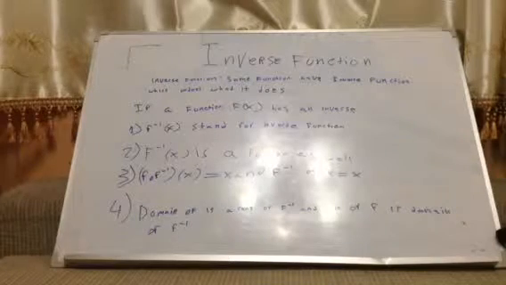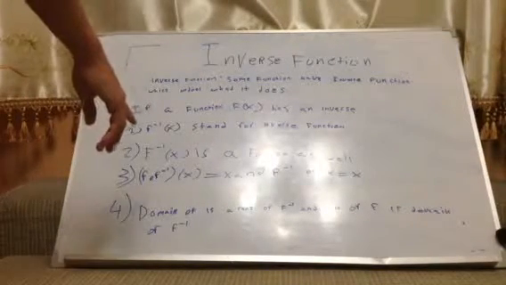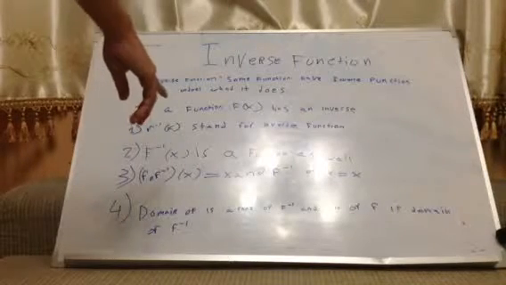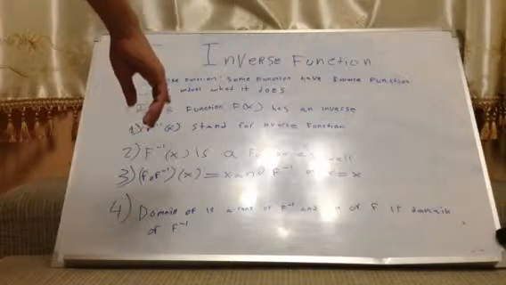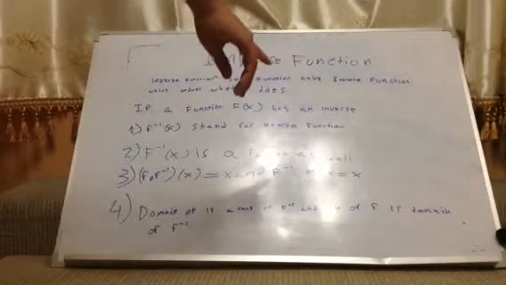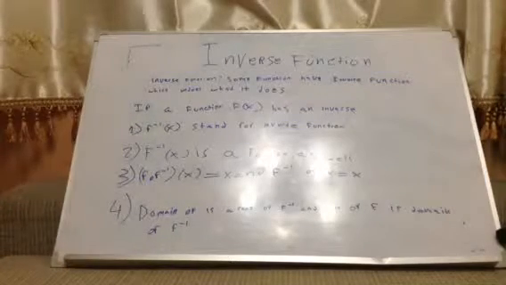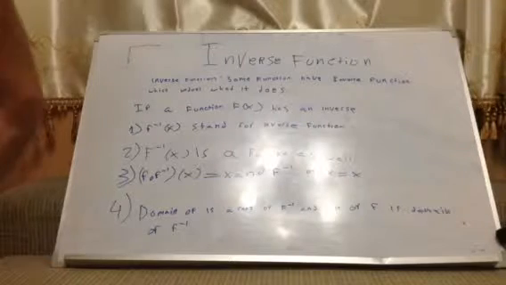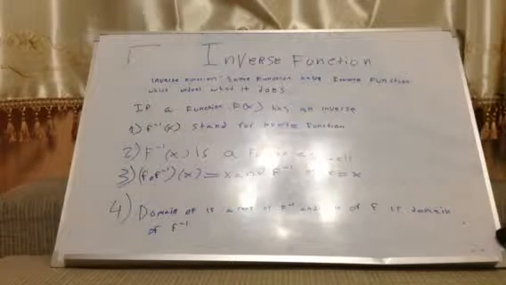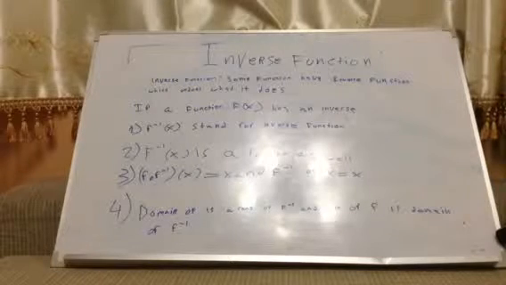Third, f of f inverse of x equals x and f inverse of f of x equals x. The domain of f is the range of f inverse, and the range of f is the domain of f inverse.